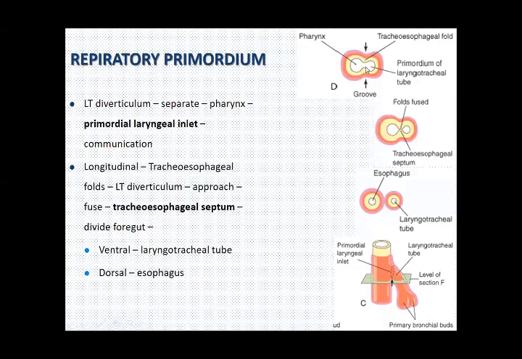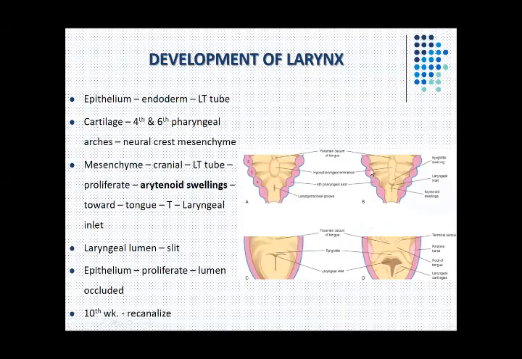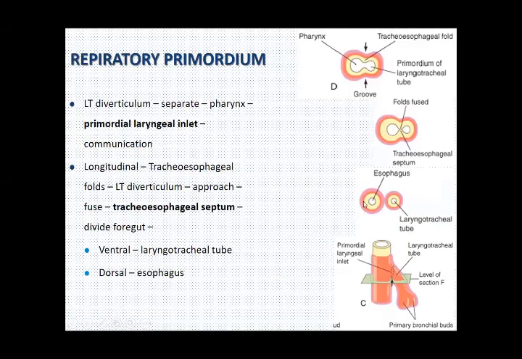These folds, they approach each other and then they fuse with each other and they divide the foregut into two tubes, a dorsally placed esophagus and a ventrally placed laryngotracheal tube.